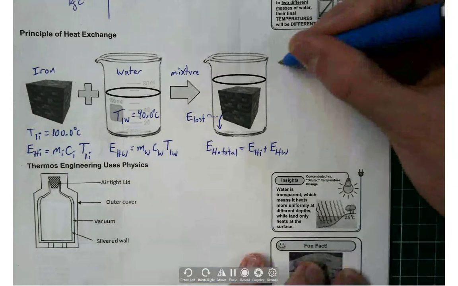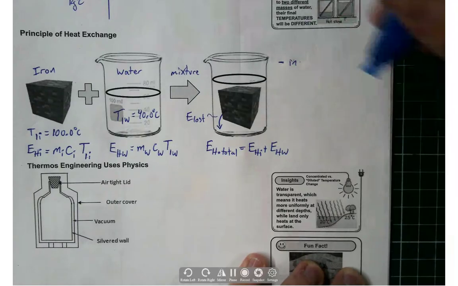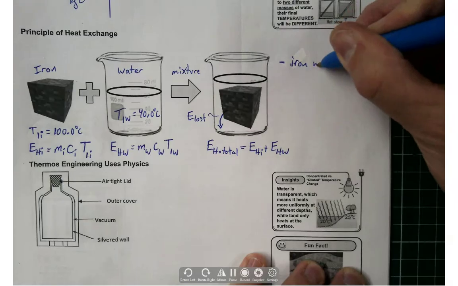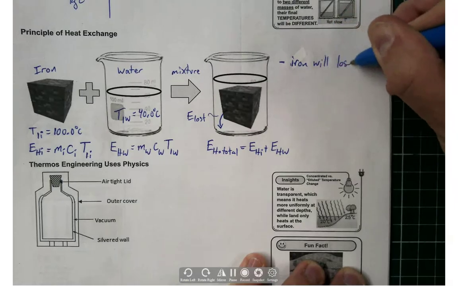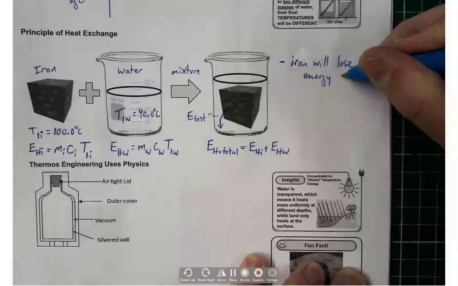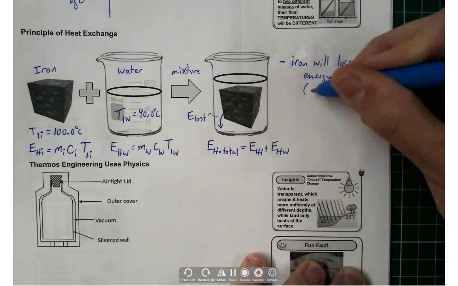And we can make little statements like iron, spelling. Iron will lose energy as it cools. No doubt about it. And we call that a heat exchange.